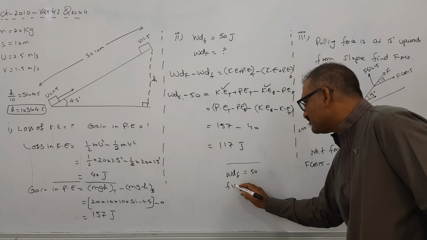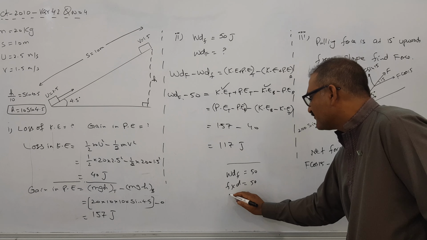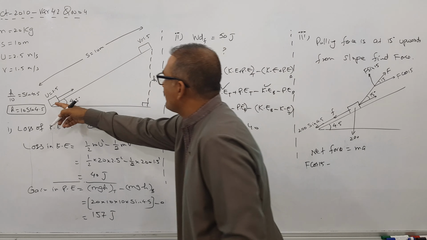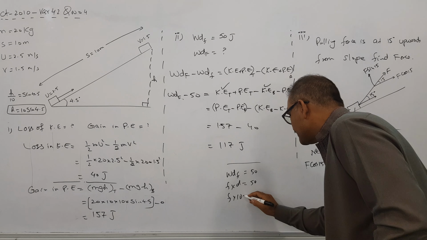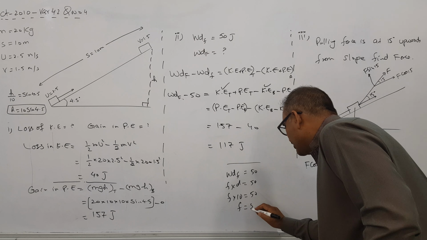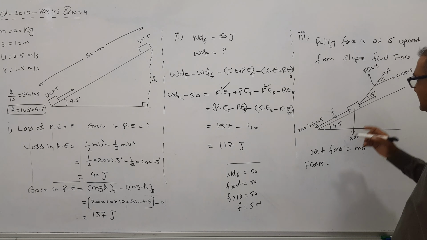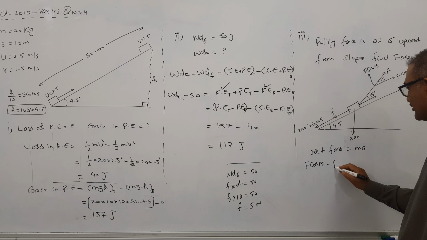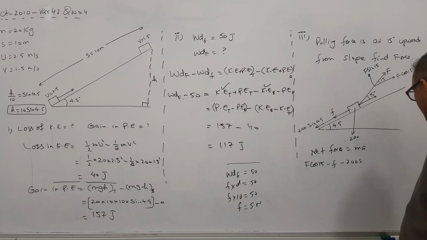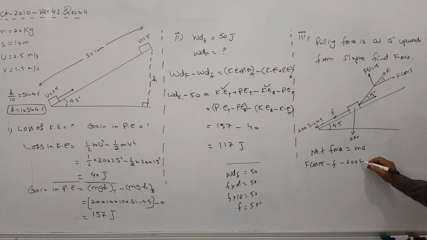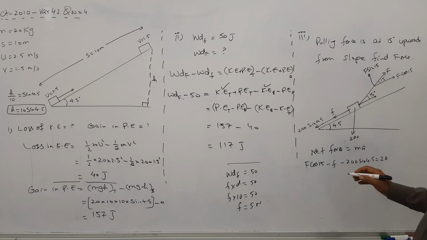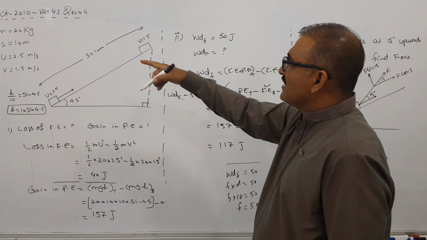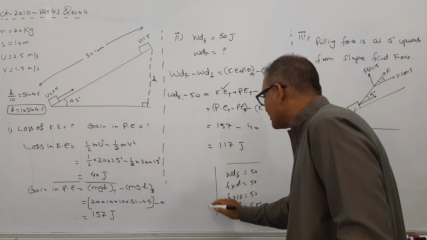If I write F into d equal to 50, the friction force I don't know, but the distance from here to here is 10, so it becomes 5 newtons. So F cos 15 minus friction minus 200 sine 4.5 equals mass 20 times acceleration. We can find acceleration even, since we have given everything.